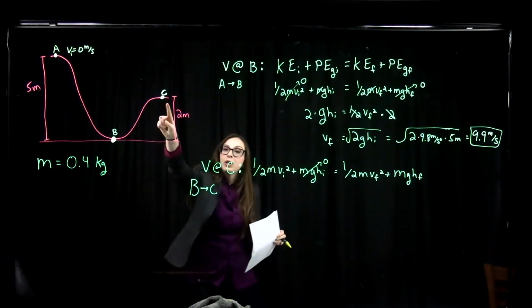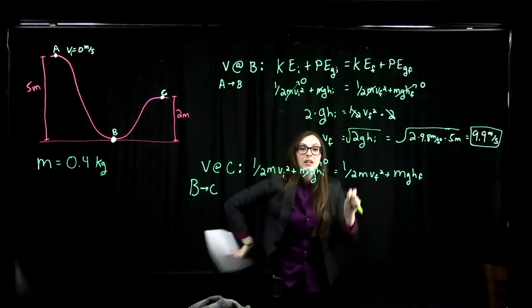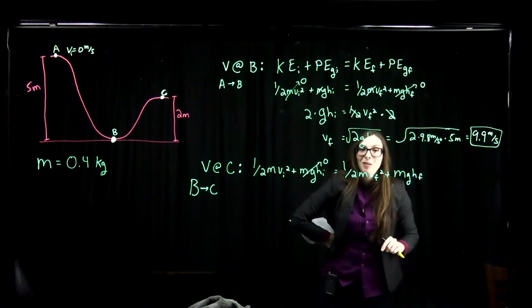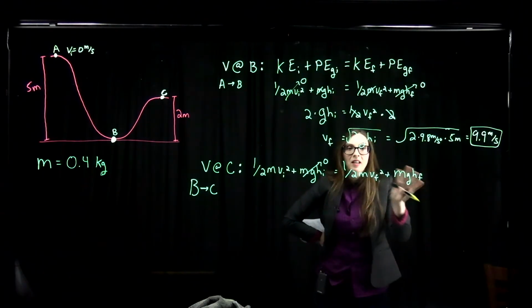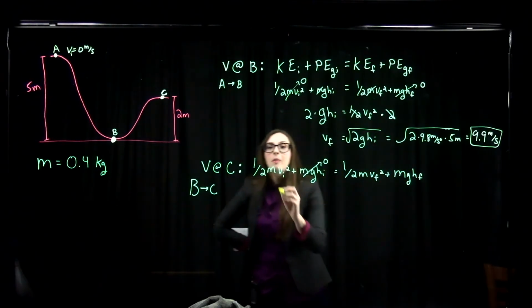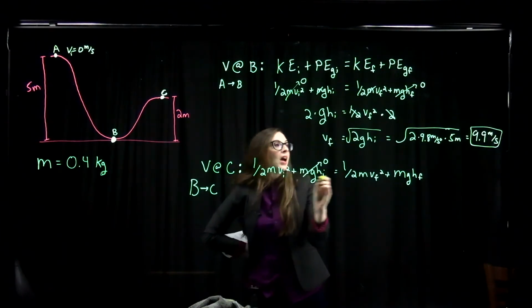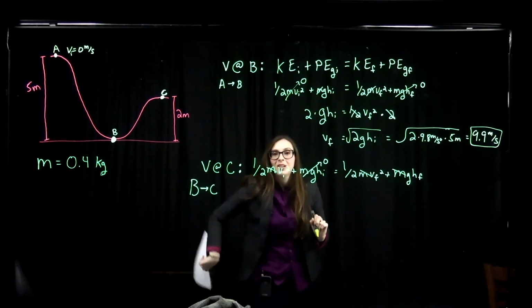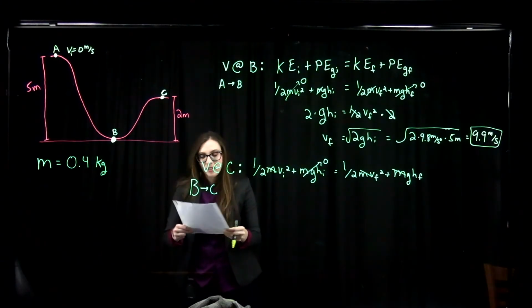But when we reach point C here, we have a non-zero final velocity, and we will have a non-zero height above the ground. So nothing on this side of the equation cancels. But our masses do cancel again on both sides. Masses cancel here, here, here, so we don't even need the mass of our object at all.